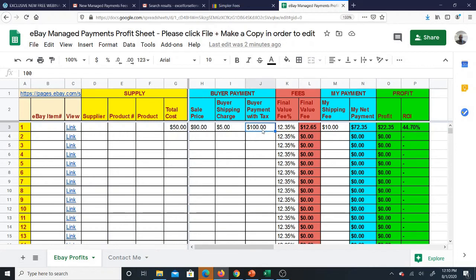I can't remember how long ago it was, but they started charging the PayPal fee on this amount, including the tax. But the final value fee was still only based on the sale price and the shipping charge. But now, with this new managed payments, they're charging you the final value fee percentage on the buyer's payment with tax. So I just wanted to really make sure I explain that distinction, that difference with the managed payments. You're paying the final value fee on this plus the 30 cents.